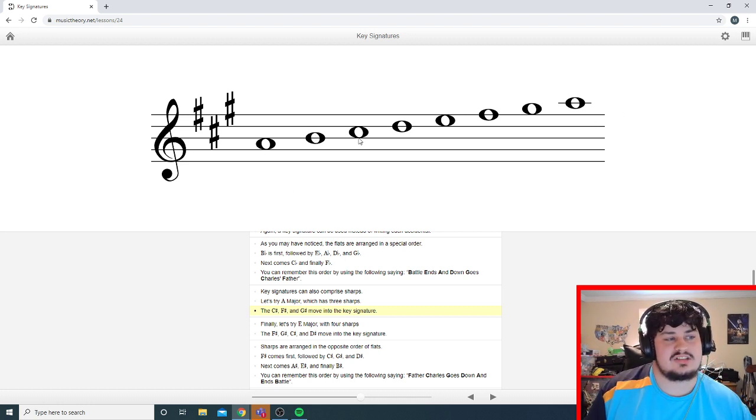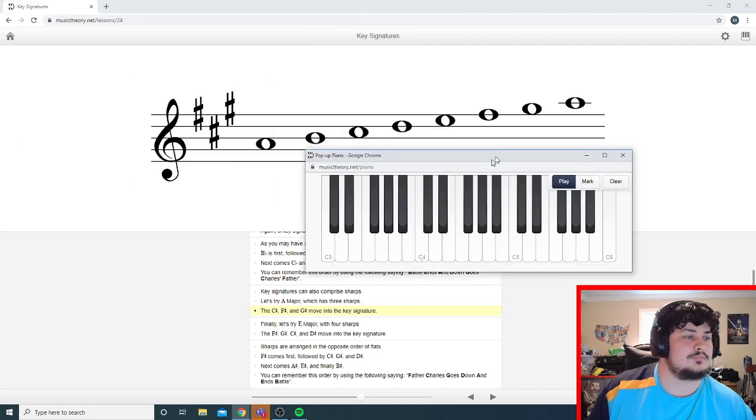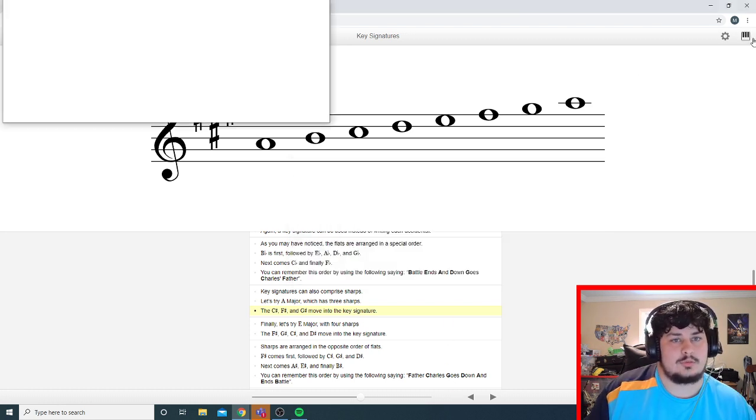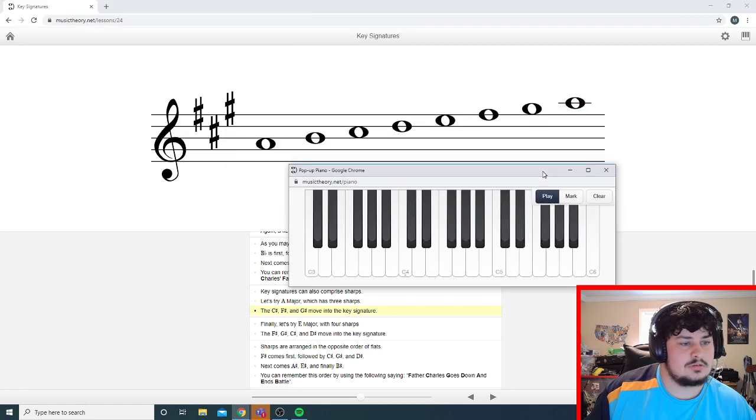You have A, B, C sharp, D, E, F sharp, G sharp, A. If I were to play this, it just goes up, C sharp, F sharp, G sharp, A. If I were to mark them on here, I'll mark them too.